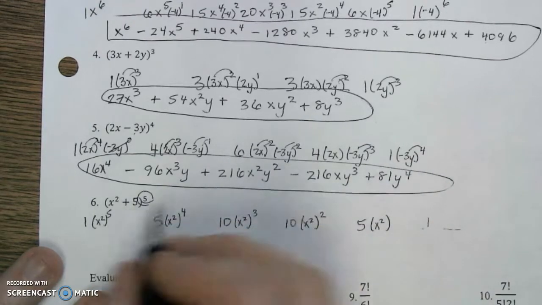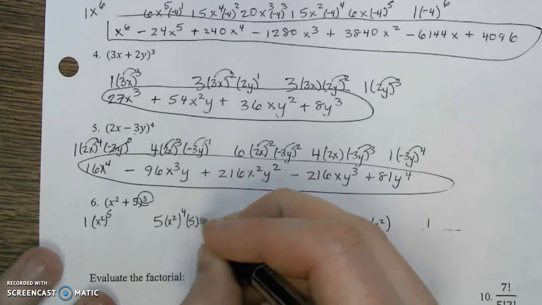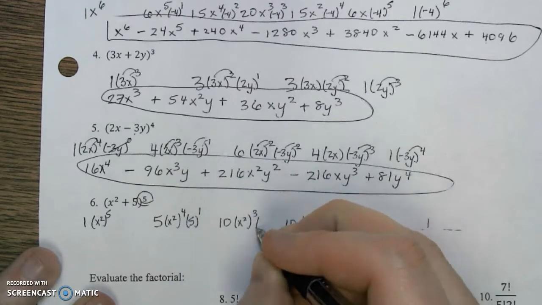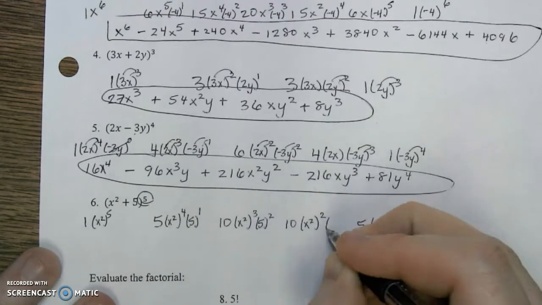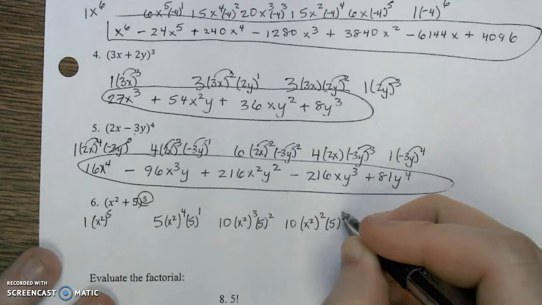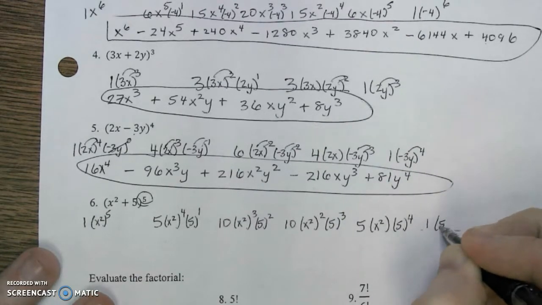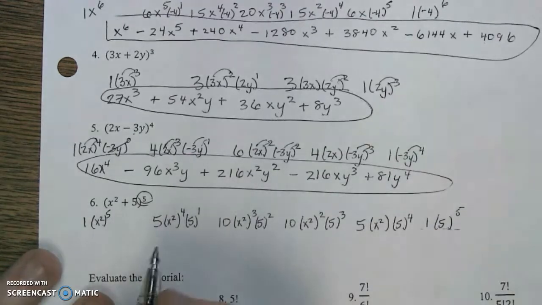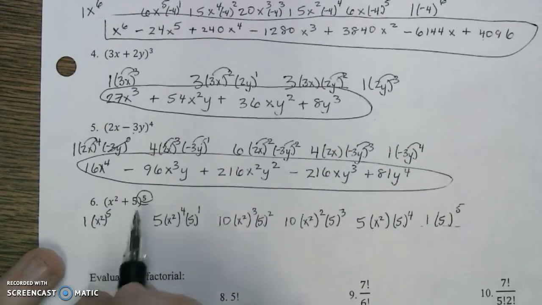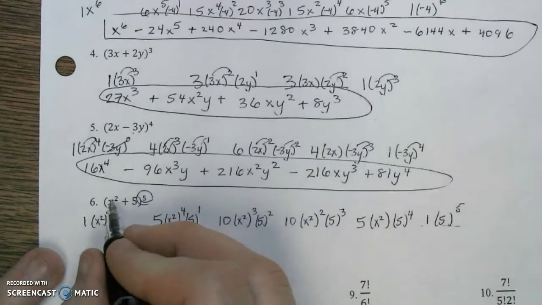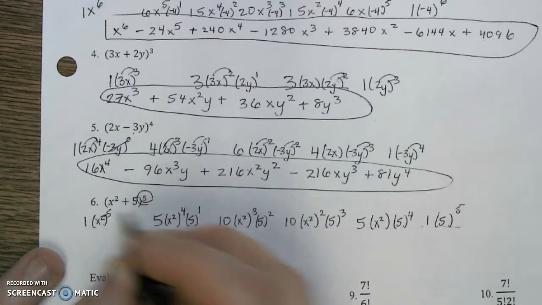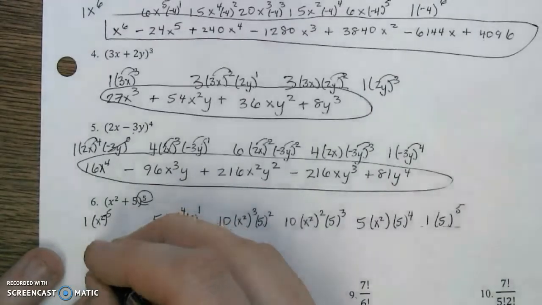Five is going to count up. All right, so I've got x squared to the fifth. You multiply exponents when you have that, so I'm going to have x to the 10th.